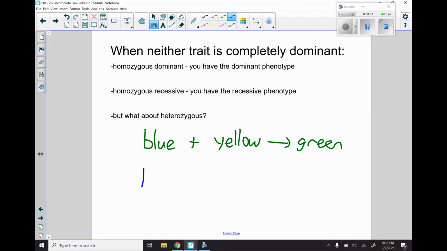The other option is that blue plus yellow could give me a mix where they're both still present, but I can pick out each one individually. So that might look like spots, or it might look like stripes, or it might just look like the two colors on two different parts.